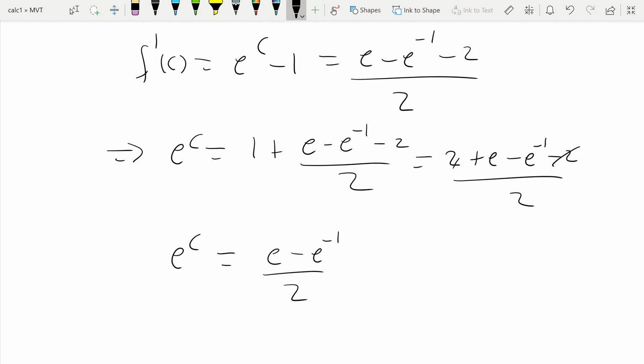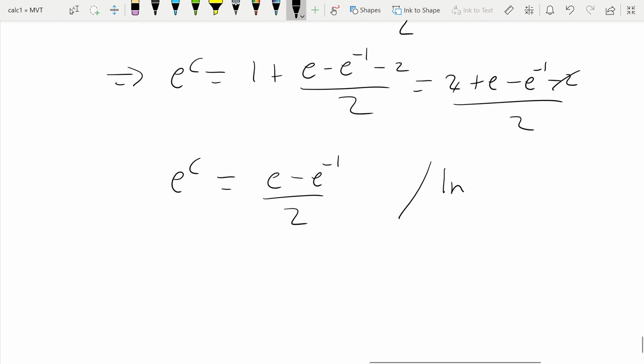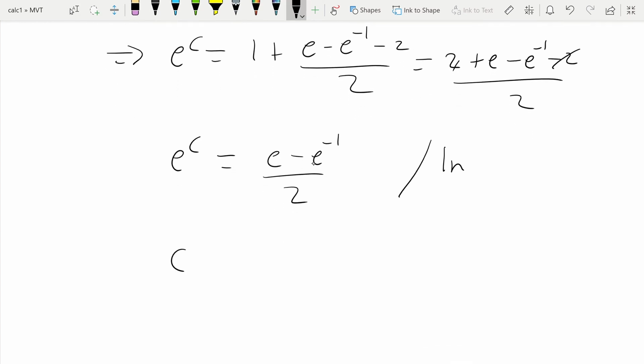And here we just take the natural log. So we get c on this side, and we get the natural log of (e minus e to the minus 1) over 2. Alright, so this is the answer that we get.